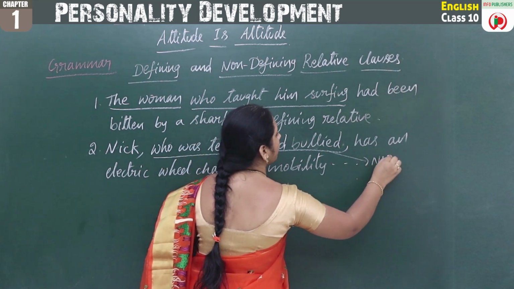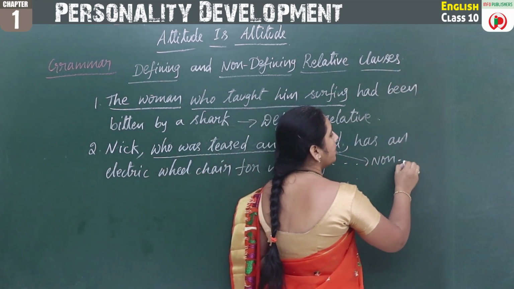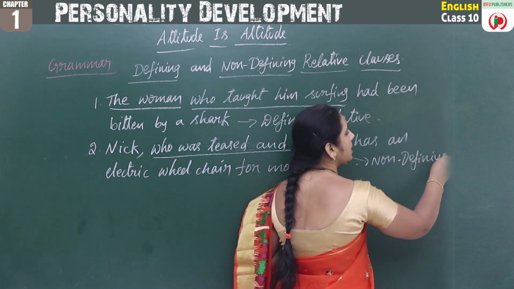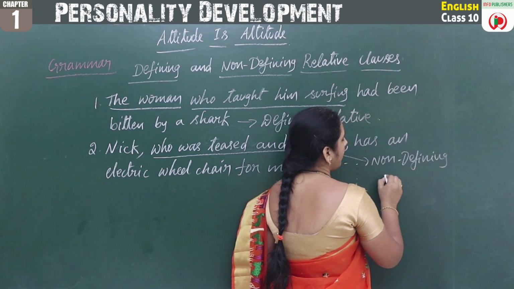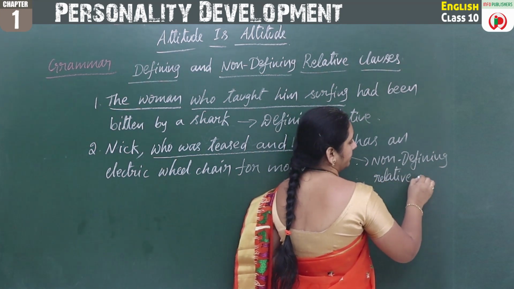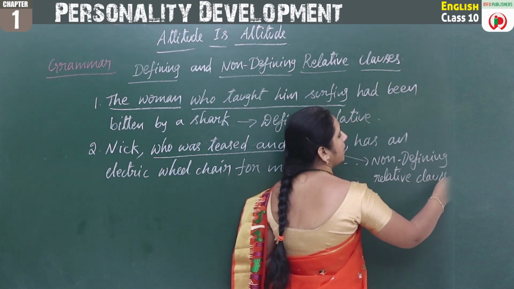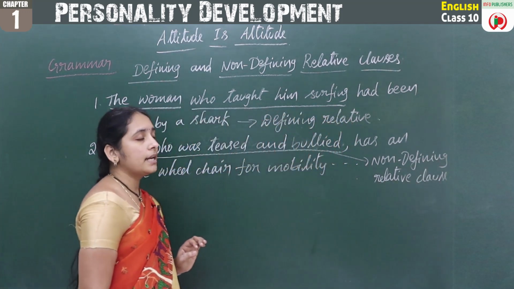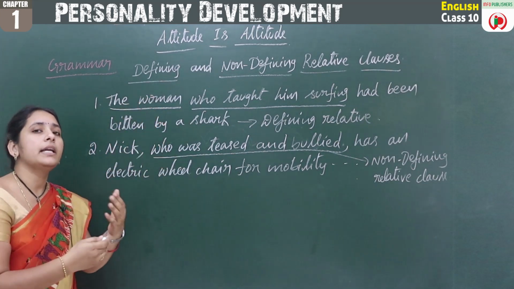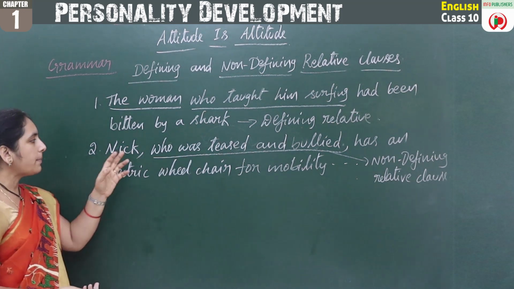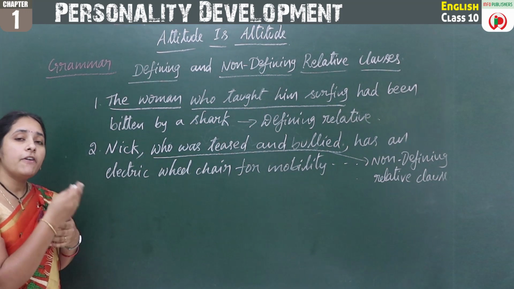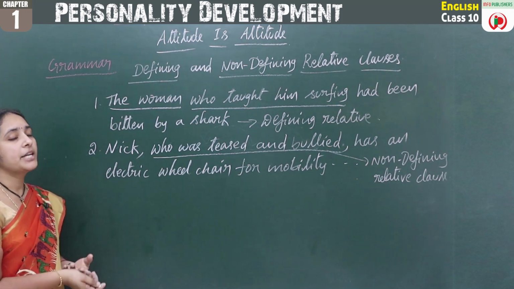That's why this is called a non-defining relative clause, because it's not defining, it's giving information about the person. Without commas it is giving the definition of it, but with commas or hyphens, generally it gives the information of that person or that thing.